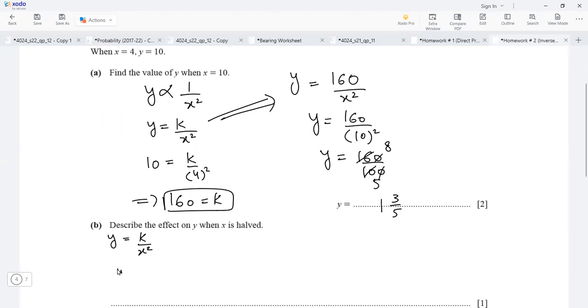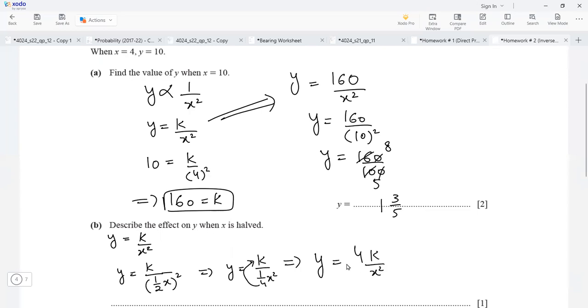If you take the square of this, it becomes 1 by 4, so y equals k divided by 1 over 4x squared. So the denominator is actually going to multiply in the numerator. So it becomes 4 times k over x squared.